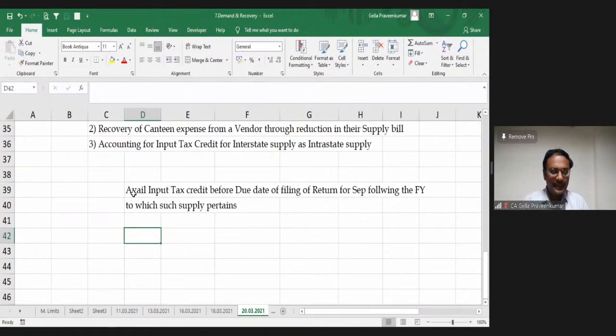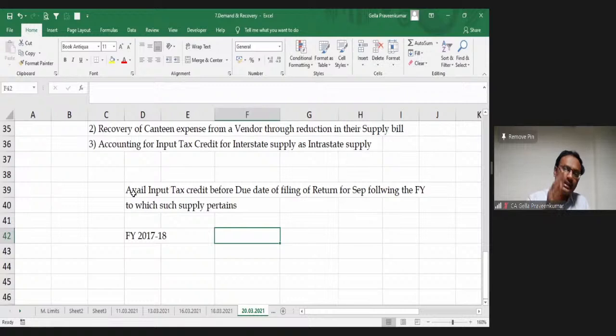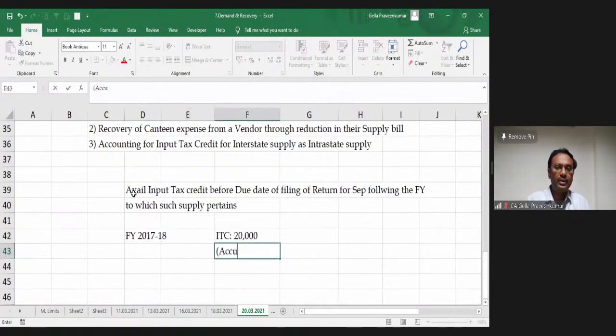Say, for financial year 2017-18, this is just an example for our discussion. My financial year 17-18 gets over in March 2018. There is an ITC to the tune of 20,000 not availed. This 20,000 is accounted in the books as on 31st March 2018.